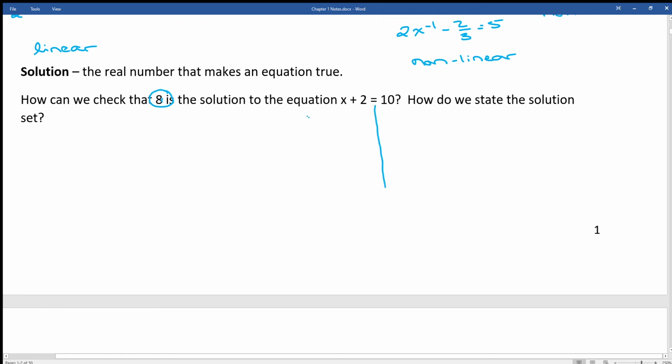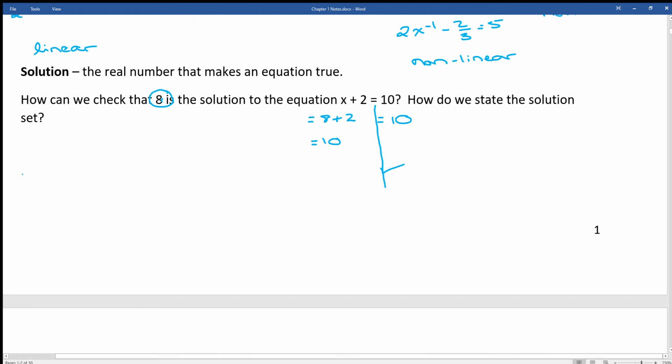And so then I work on the left side separately to the right side. So the right side, nothing's going to happen, it's 10. So what I'm checking is, can I make the left side equal to the right side when I put 8 in for x? So I'm going to replace the x with an 8 and say, does 8 plus 2 equal 10? Yes, it does. My left side equals my right side, so it worked.